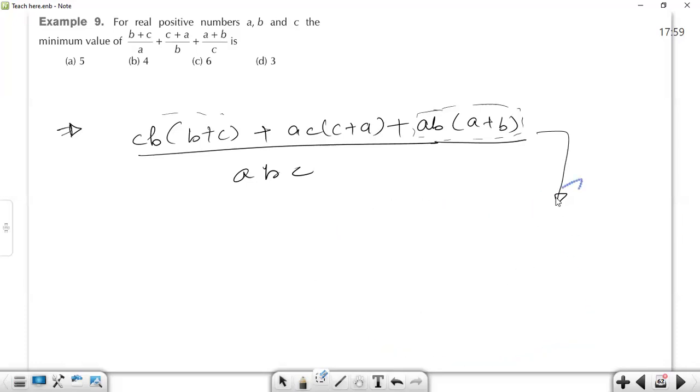Approach this differently. You have to find out its minimum value. So let's solve this further.